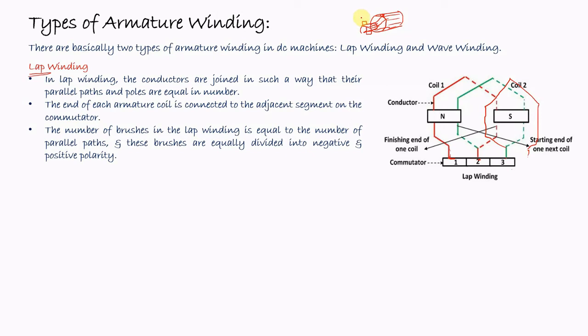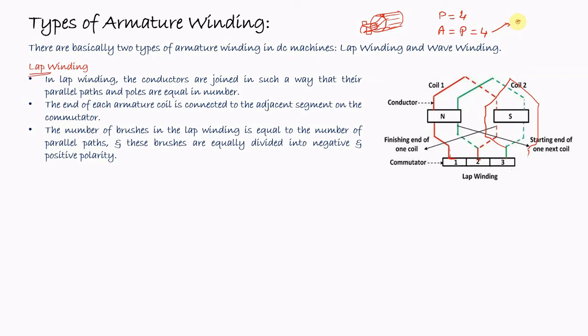Brush is basically the collection point. So in case of lap connection, the number of brushes will be equal to the number of poles in the stator. For example, if poles in the stator of a machine is 4, and we use the lap connection, then the number of parallel paths will be equal to the number of poles, that means 4. So there will be 4 brushes.